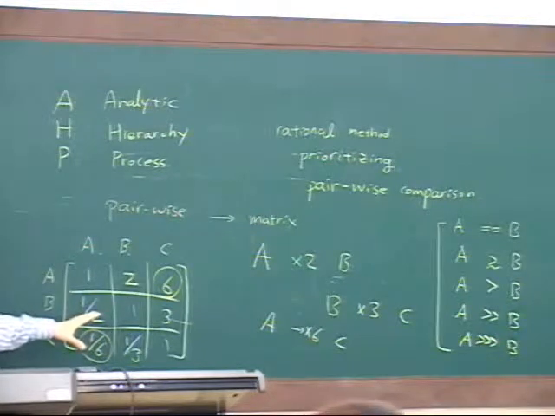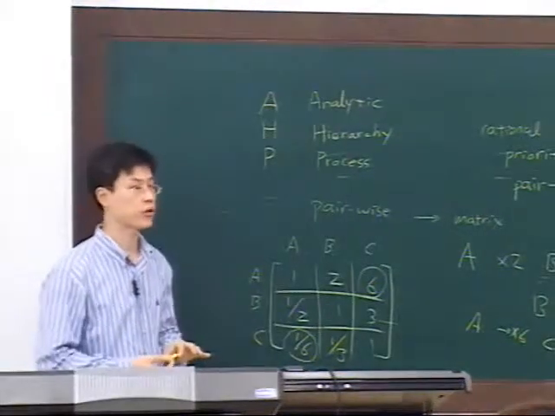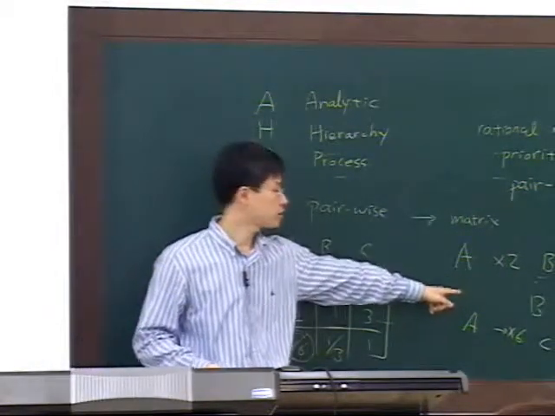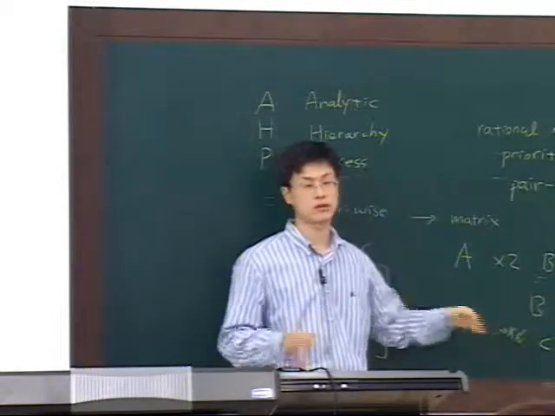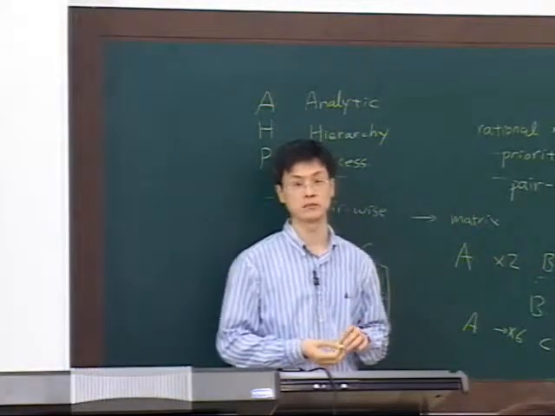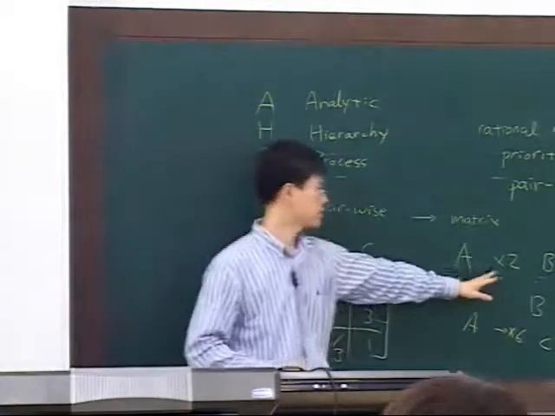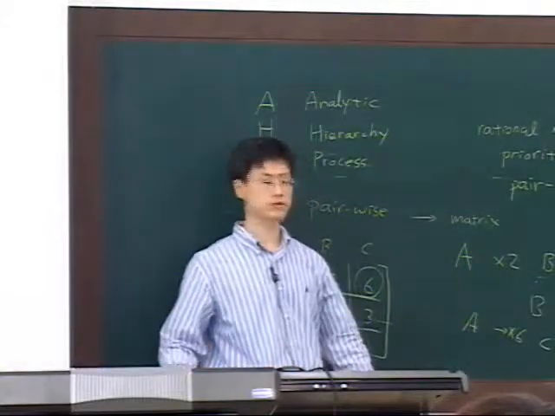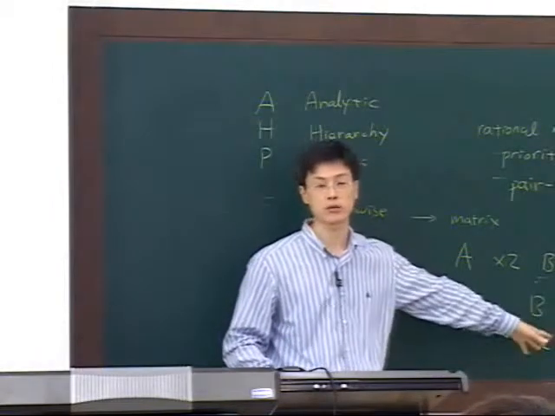But this is not always the case. For example, let's assume that you are comparing a 100 by 100 matrix, and our logic will easily fail to get this number 6. Sometimes it is contradicting. For example, A is 2 times more important than B, B is 3 times more important than C, but all of a sudden C is 5 times more important than A, or something like that.